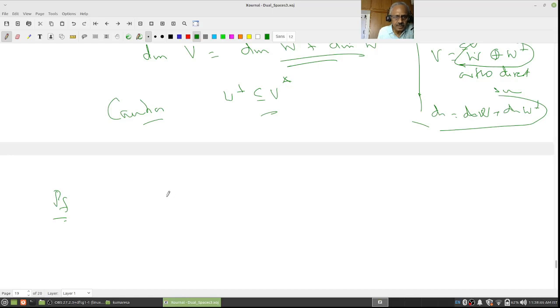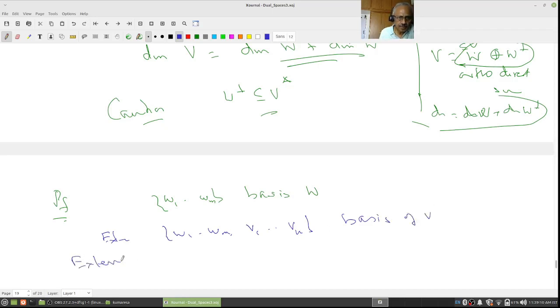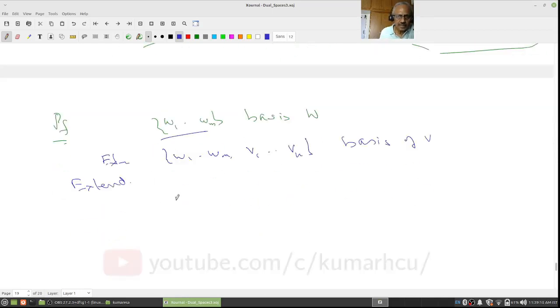How do I do that? Proof. Let us choose W1 to Wm, a basis of W, and extend it to W1 to Wm, V1 to Vk, a basis of V. Now let F1 to Fm, G1 to Gk be the dual basis.